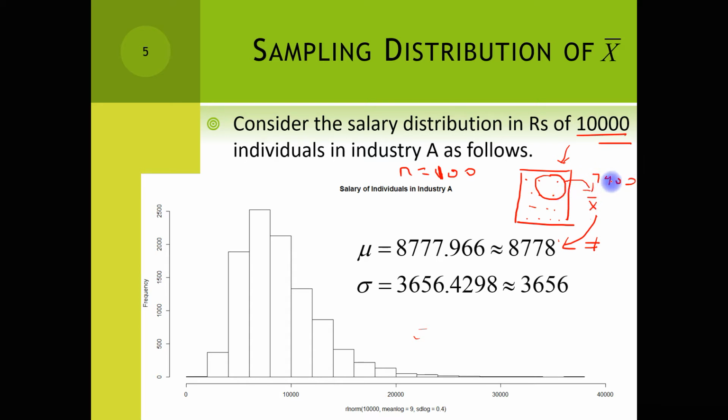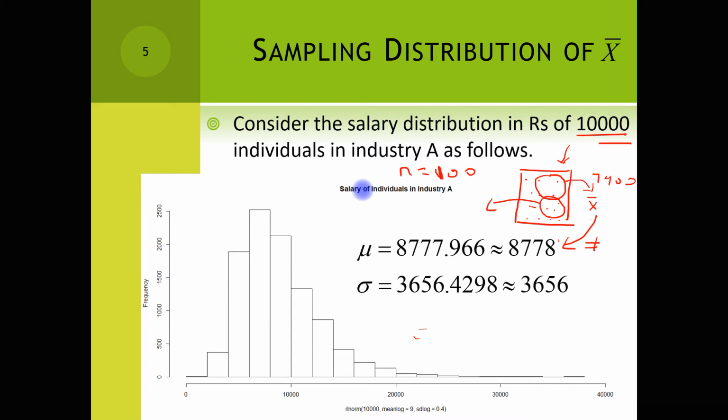But listen to this properly. Conceptually, if you think about it well, I have taken one sample, but the selection of this sample could have been done otherwise. I could have had a different sample. If I were to repeat this sampling procedure, I would have had a different sample.